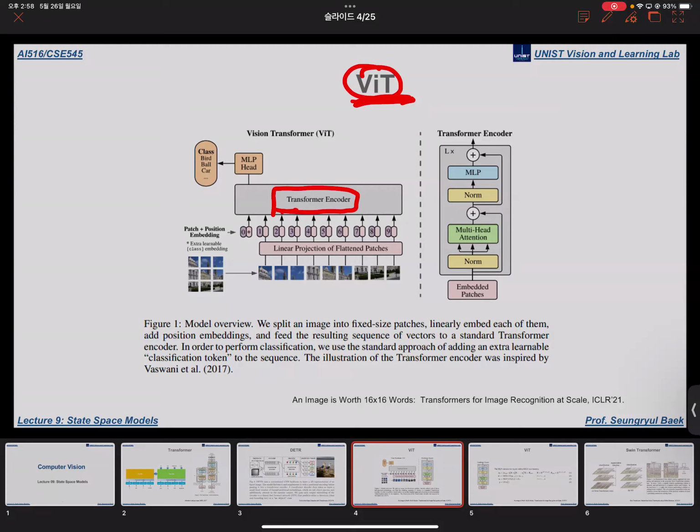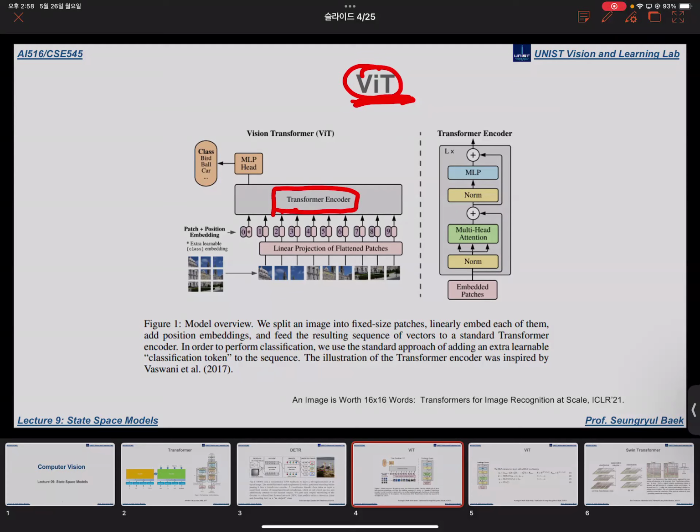So we will learn about that before learning about SSM. So Swin Transformer, Swin means shifted window. That is Swin. We will apply this kind of shifted window scheme.